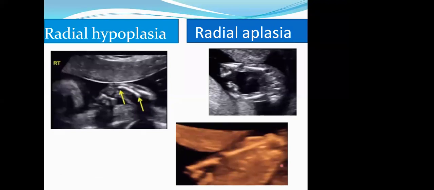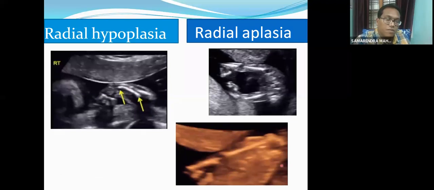So the left one is a grayscale image of radial hypoplasia, where the ulna is present, looking longer than the radius. The radius is present, but much smaller and also bent. This is a case of radial hypoplasia.